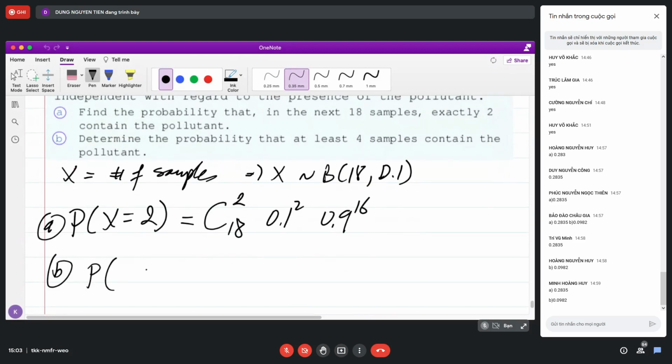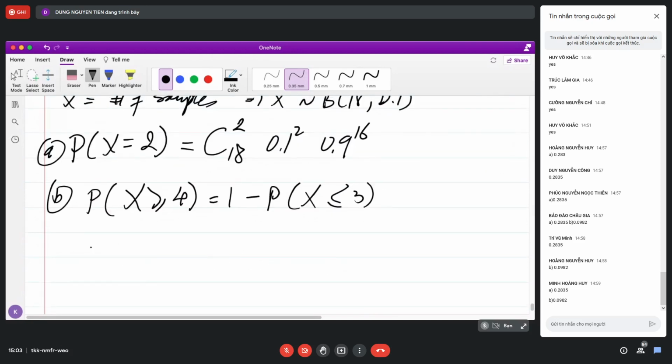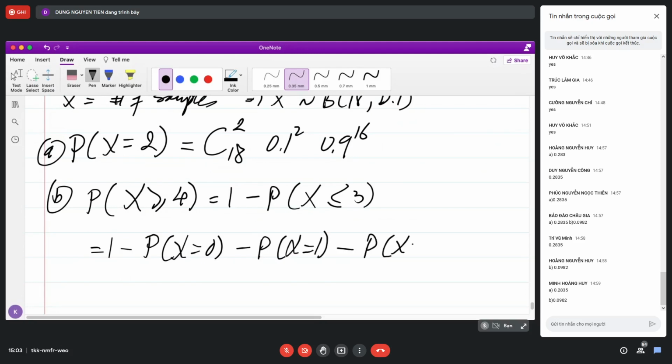For question B, you want to find the probability that there are at least 4 samples containing the pollutants. So X is greater than or equal to 4. So it should be 1 minus the probability that X is less than or equal to 3. And then you get 1 minus the probability that X equals 0, X is 1, X is 2, X is 3.